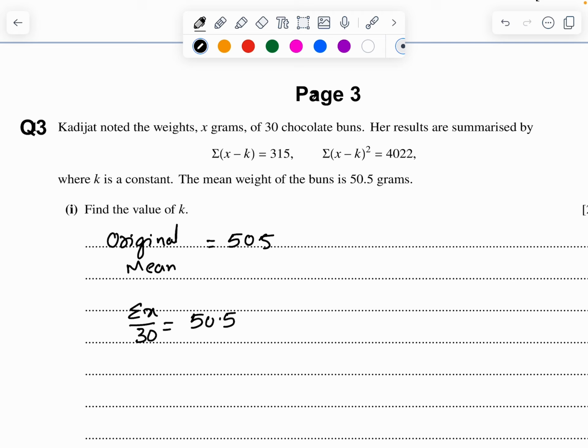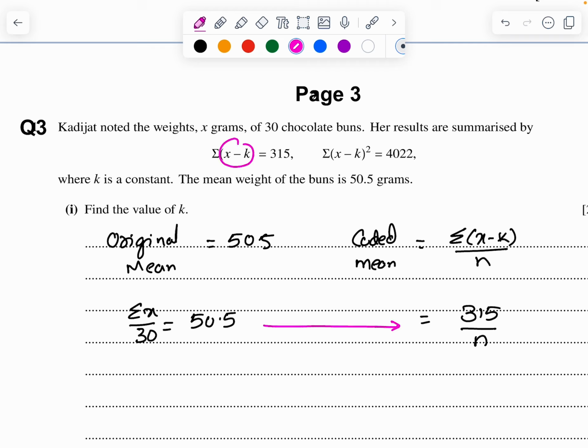Now the coded mean is sigma (x minus k) upon n, which is 315 upon n. What is the relationship between the mean and the coded mean?